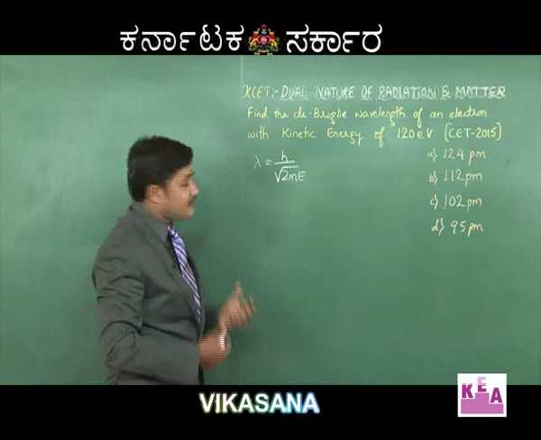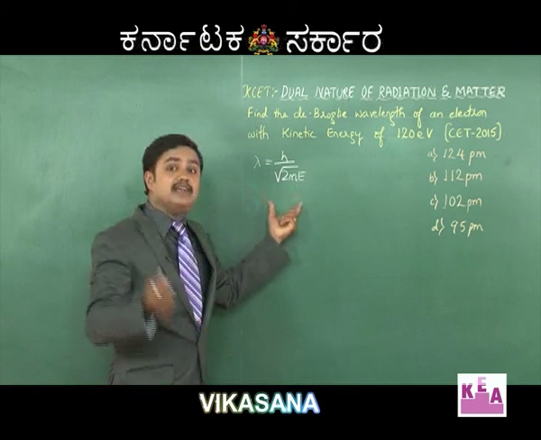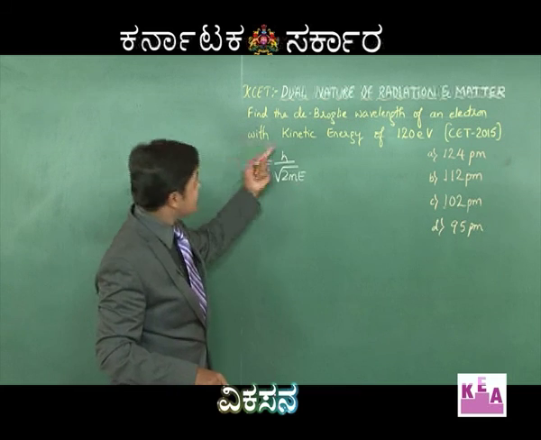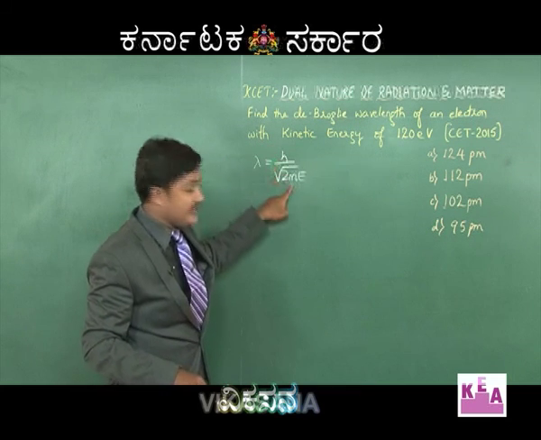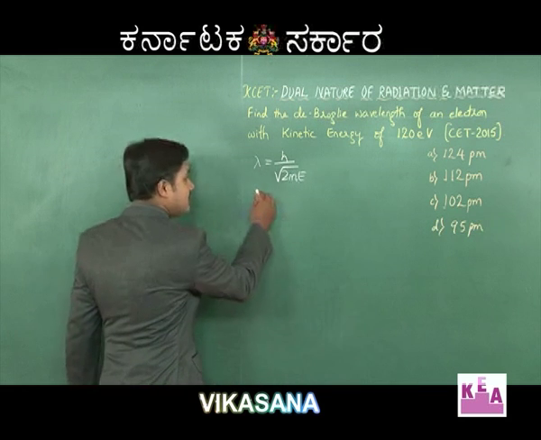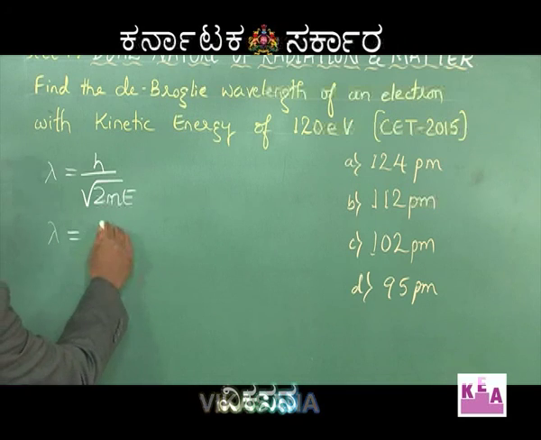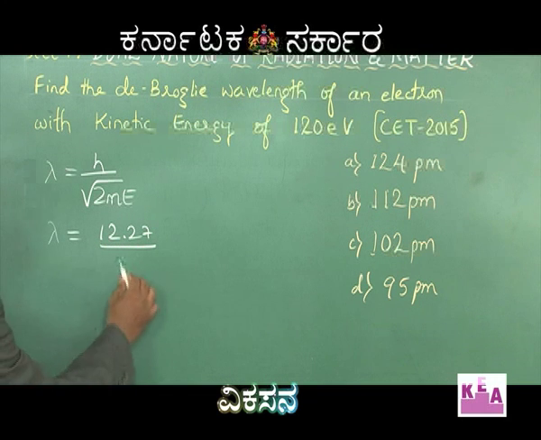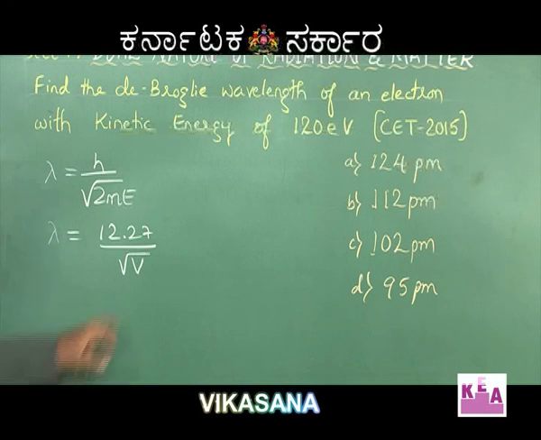So instead of writing this formula, let us make use of a ready-made formula in which we have already substituted for the values of h and m for an electron, and we came to a conclusion that lambda is equal to 12.27 divided by root of V. You know what is this V?